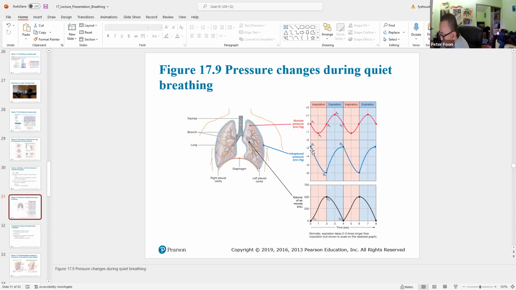As the air in the outside world is higher, it's going to come rushing into your lungs. When you breathe out, the pressure is going to be positive. That means there's more pressure in your lungs than the outside world, so you're going to push air out.